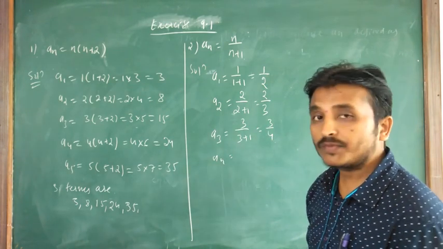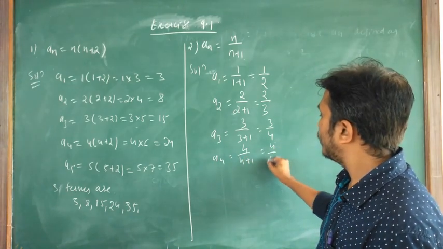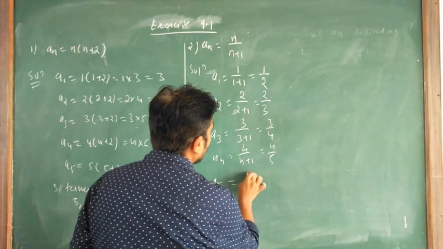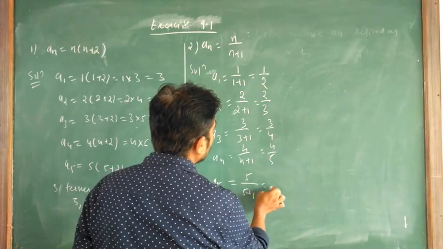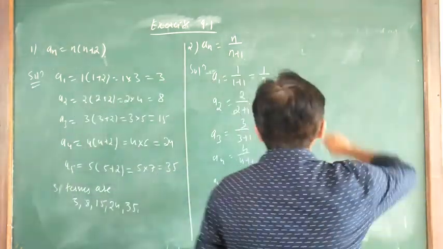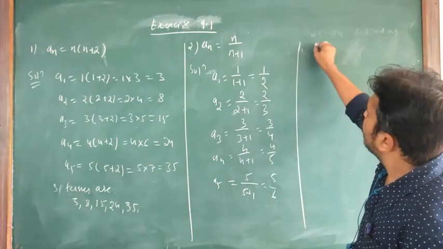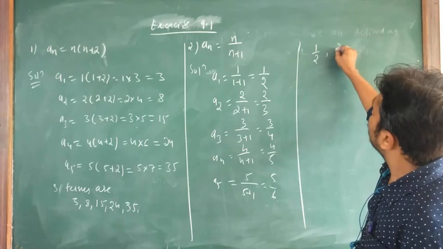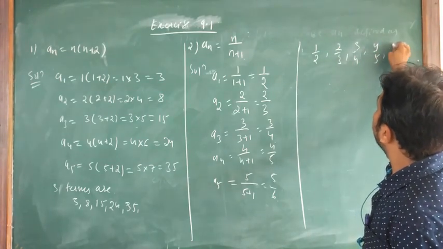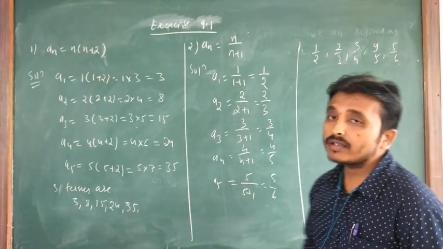A4, the fourth term, is 4 by 4 plus 1, 4 by 5. Fifth term, 5 by 5 plus 1, which is 5 by 6. So the 5 terms are 1 by 2, 2 by 3, 3 by 4, 4 by 5, and 5 by 6. These are the 5 terms of the second sequence.